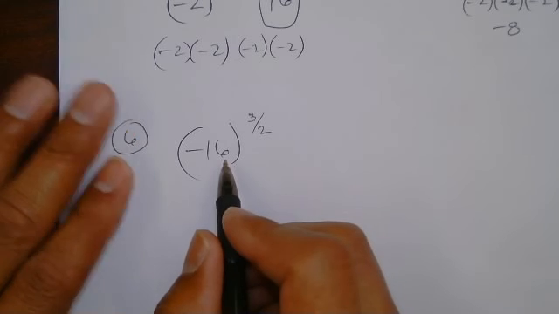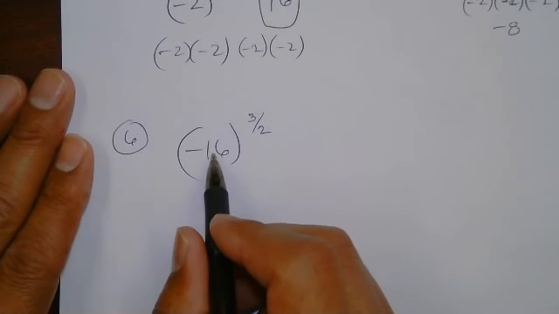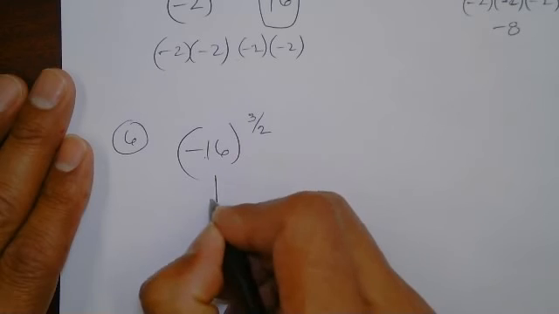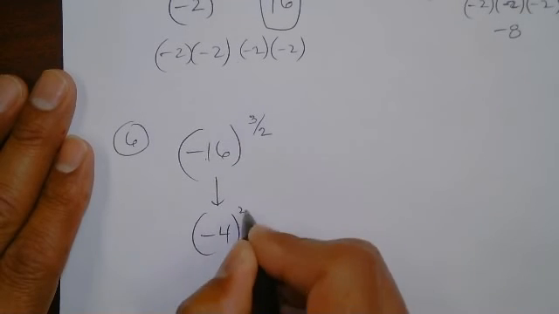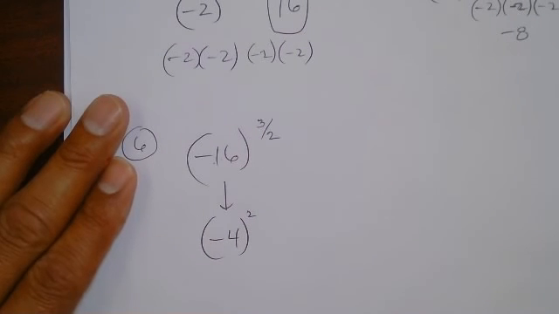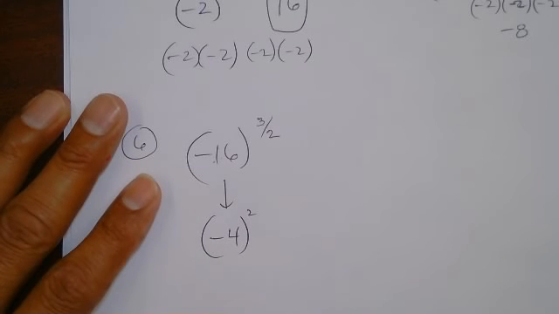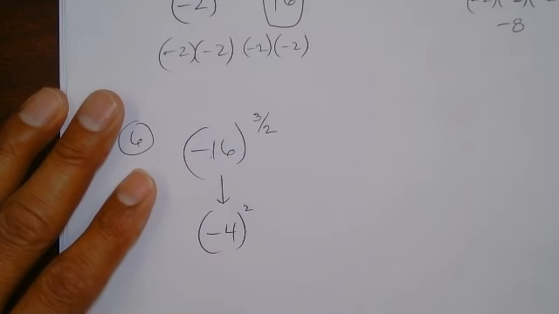Anybody got this one? You got this one? What did you get, Samantha? Okay, so you're telling me that 16 is negative 4 squared? Yeah? Derek? Yeah, it's negative 16.